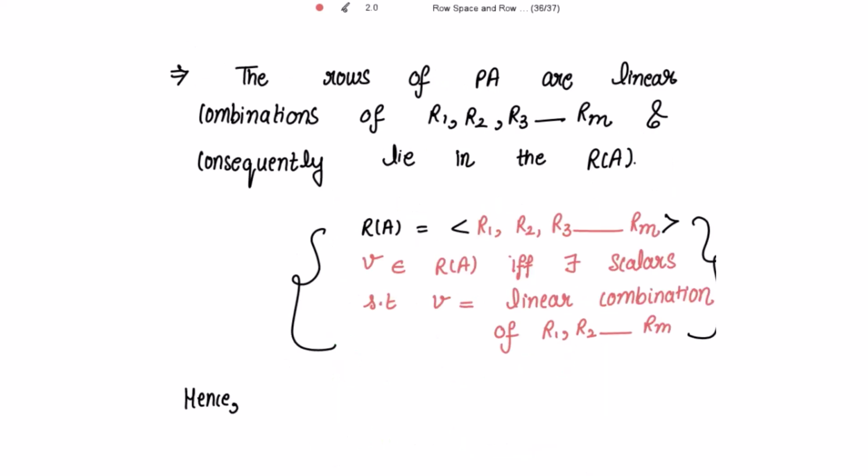Why? Please look over here. The row space of A is generated by R1, R2, R3 up to Rm, right?